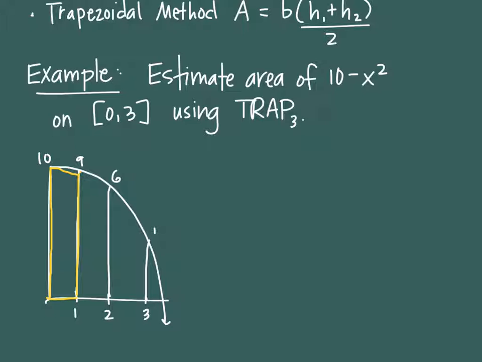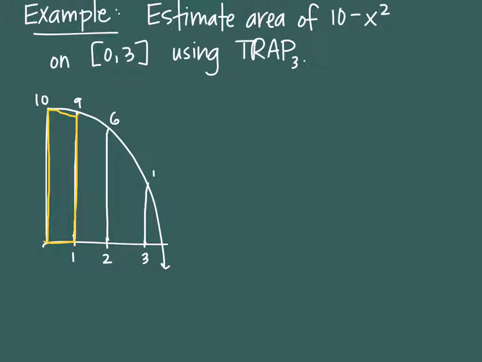And so this is going to underestimate, but it's better than if we had done rectangles. And so I'll find the value of my first trapezoid. So this one would be the base, which is 1, the heights, which are 10 plus 9, and then divide that by 2. And so the area of the first trapezoid is going to have a value of 19 over 2.